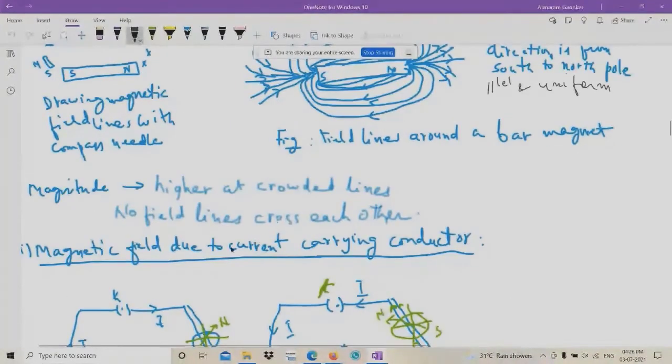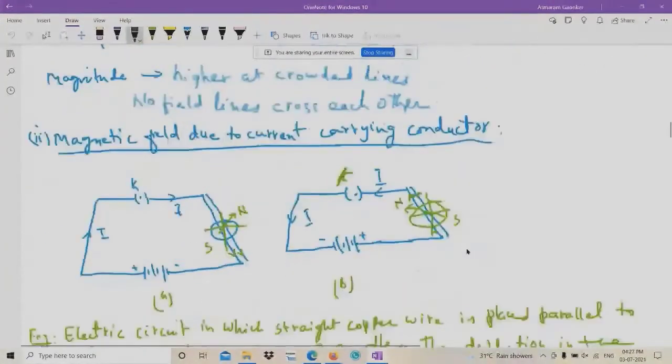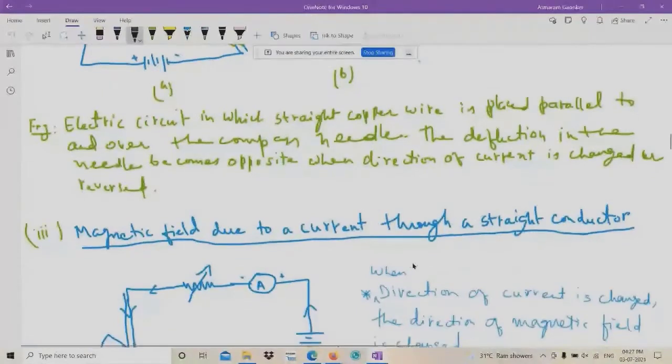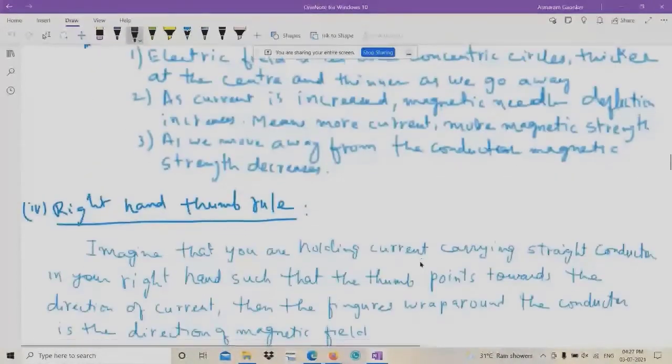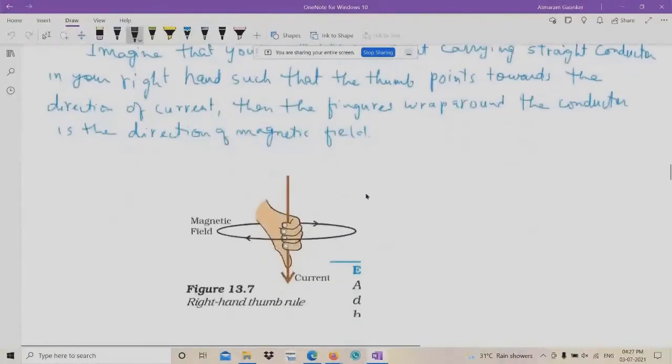Now we are discussing in three parts. One is the magnetic field due to a current carrying straight conductor, along with the right hand thumb rule.